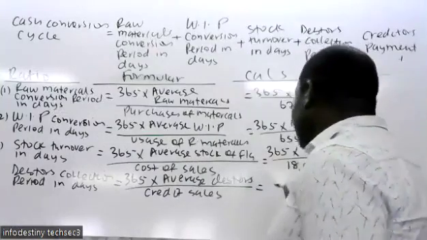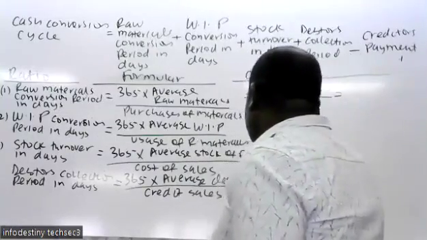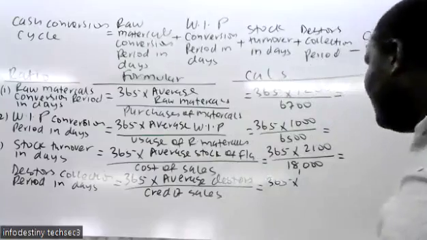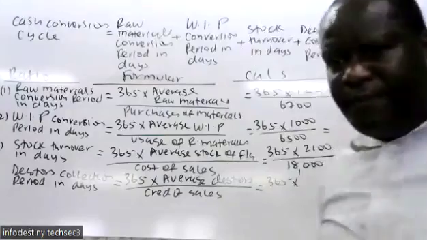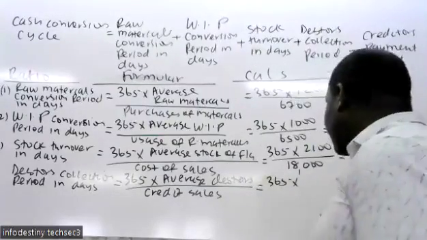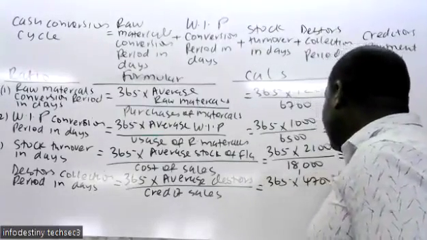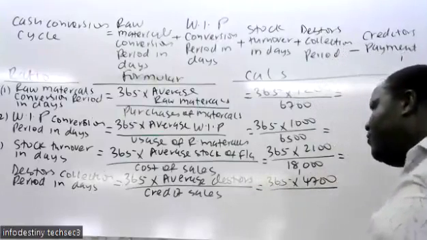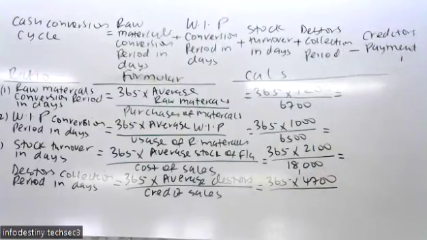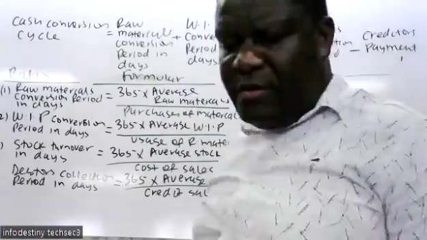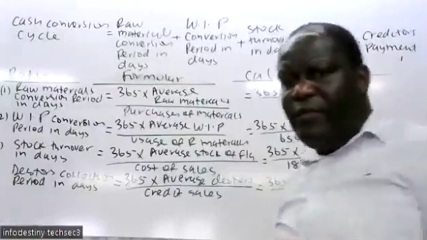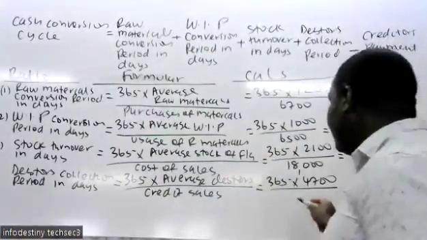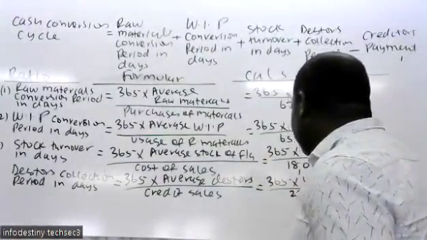So it will be 365 multiplied by, what did I give you as the average debtors? 47. Then you divide by the sales, so we assume all the sales were on credit. Sales of the finished goods I gave you, 25.